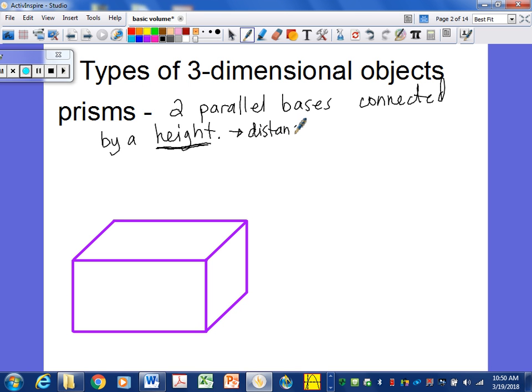Okay, sometimes your bases are obvious, sometimes your bases are less obvious. Like here is an example of a base that might be less obvious. This is called a rectangular prism because all prisms are named for their bases.